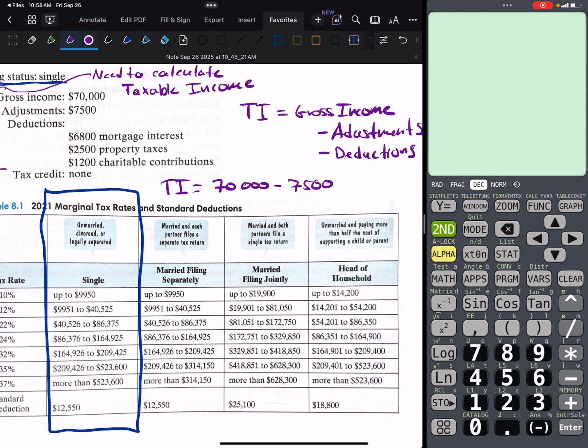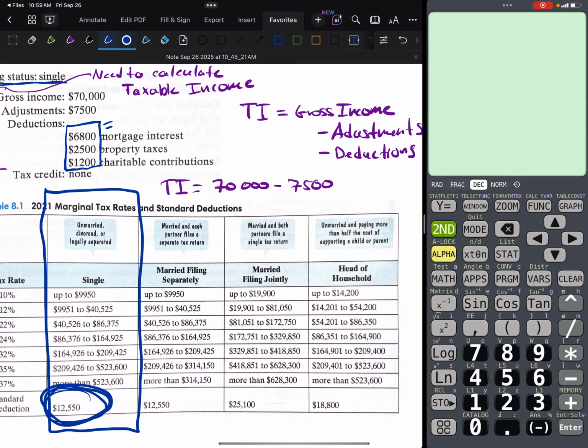And what we have to do is we have to sum up the itemized deductions here, and we have to compare them to the standard deduction down here and figure out which one's larger. With estimation skills, I can already tell you that the $12,550 is going to be bigger than these itemized deductions.